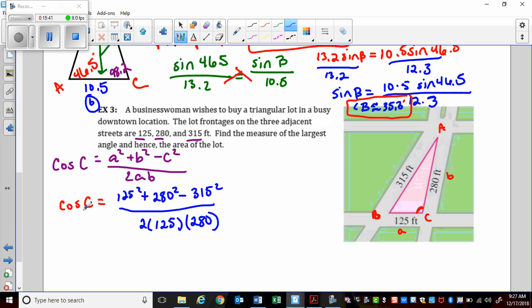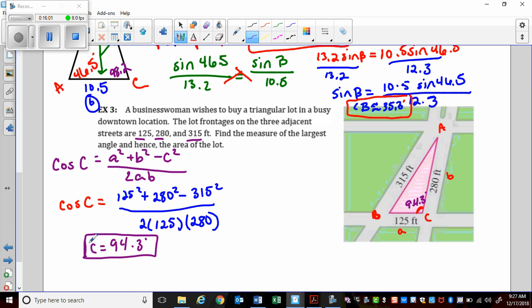If I do cosine inverse of both sides, I'm going to be able to solve for C, and C is equal to 94.3 degrees.